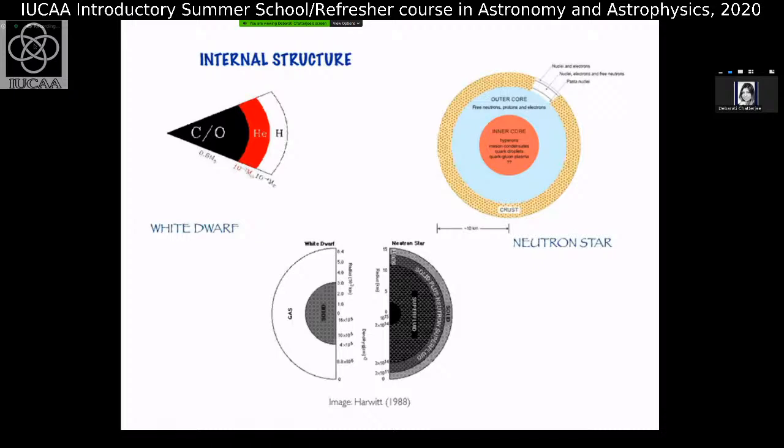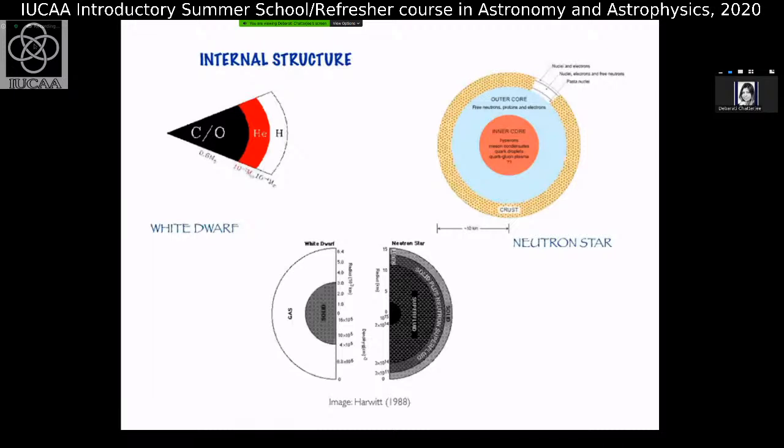Starting from the surface, there is an atmosphere. And of course, after that, there are nuclei, which are iron nuclei at the surface. But as we go towards the interior in a neutron star, the density increases rapidly. And the nuclei become more and more neutron-rich until at a certain point, neutrons start to drip out of the nuclei.